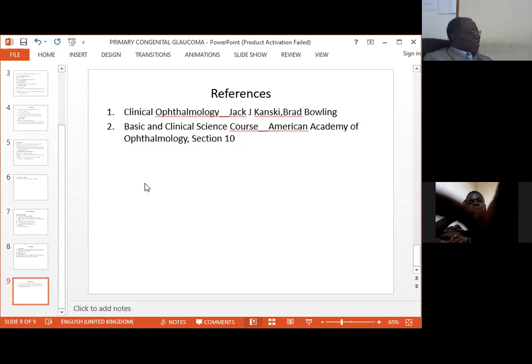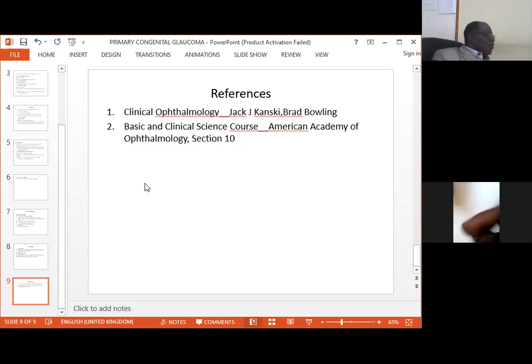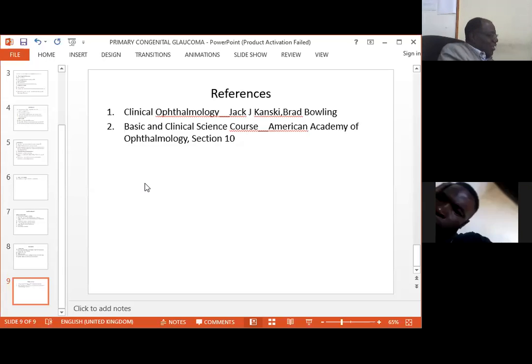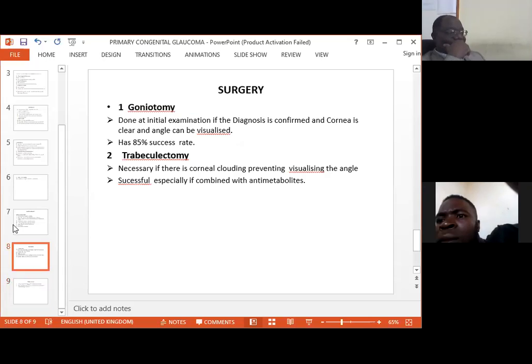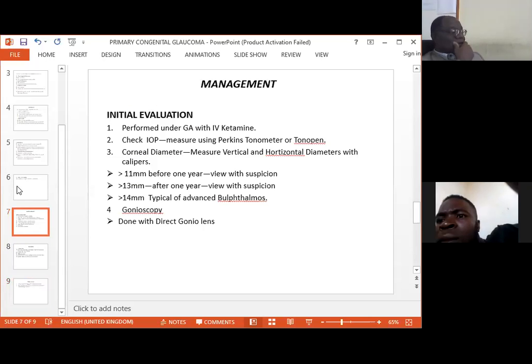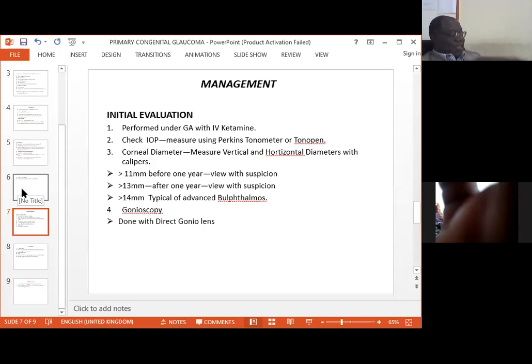A child like this, if you are going to do an operation, it has to be under GA because the child will not cooperate with you touching the eyes. First, they will be crying uncontrollably. So unless you put them under GA, they'll not be completely quiet. So all these are done under GA. It's a child, they cannot tolerate you touching. Even you, sometimes when you do these operations, first you want to establish exactly what is there and whether you can do the next stage to repair.